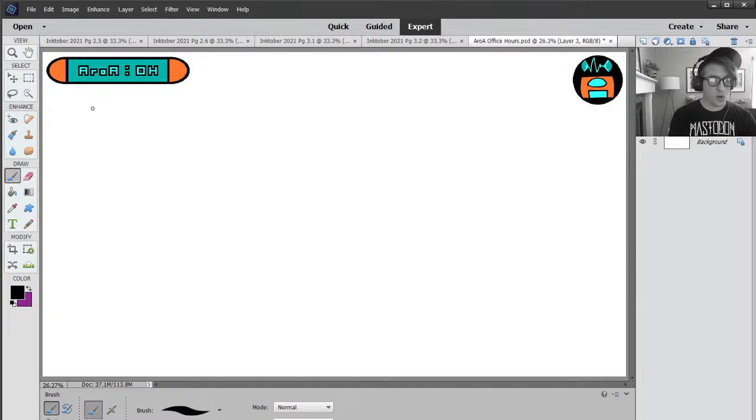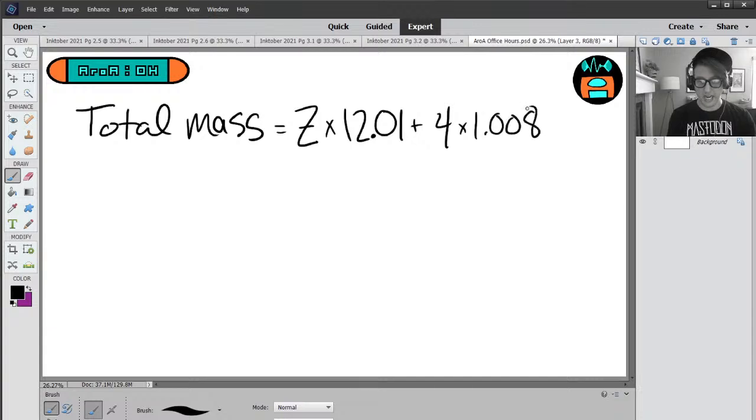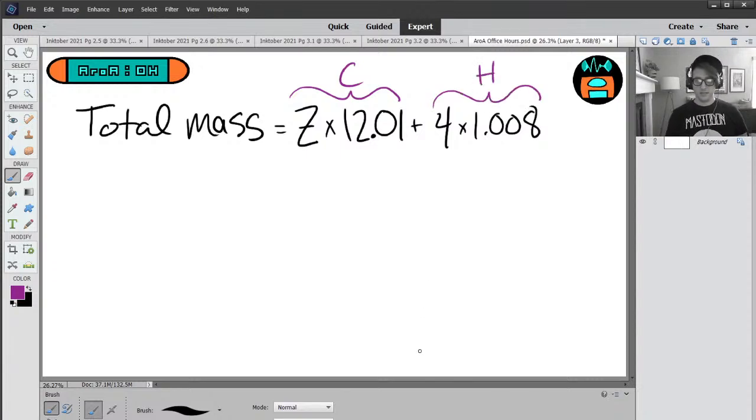We know that the total mass of this molecule is Z, the number of carbon atoms, times 12.01 plus 4 times 1.008, because this is the mass of all the carbon atoms in this molecule, and this is the mass of all the hydrogen atoms.